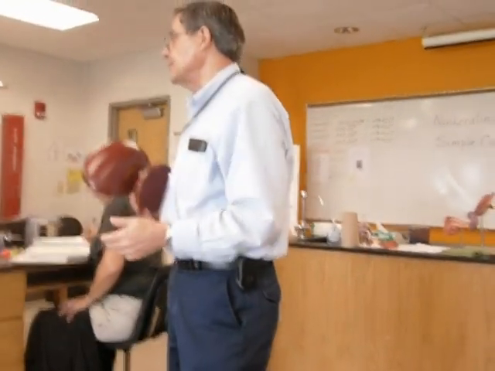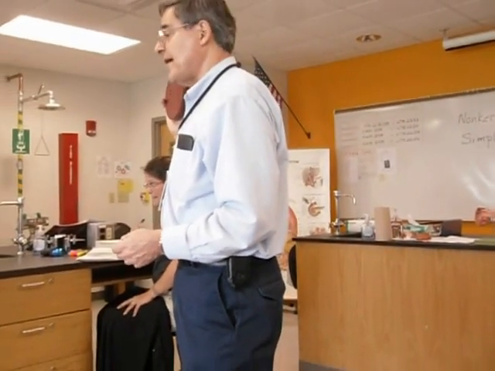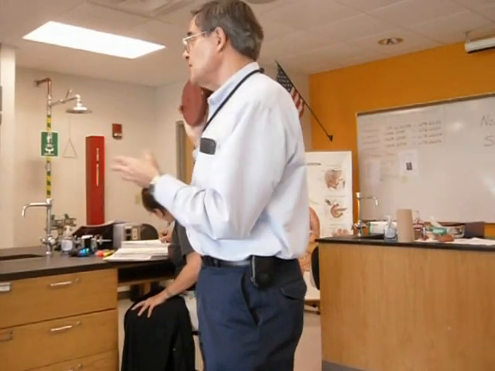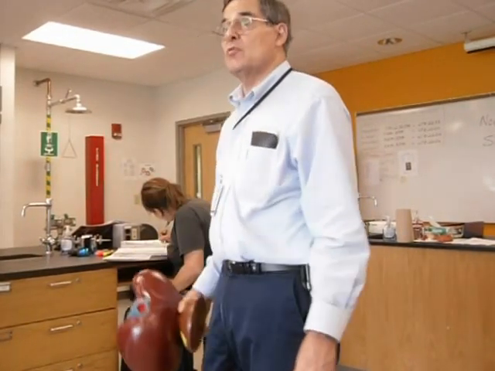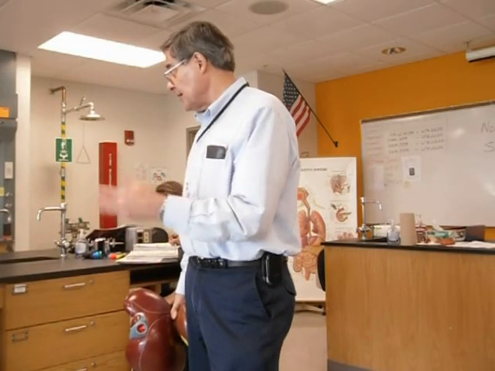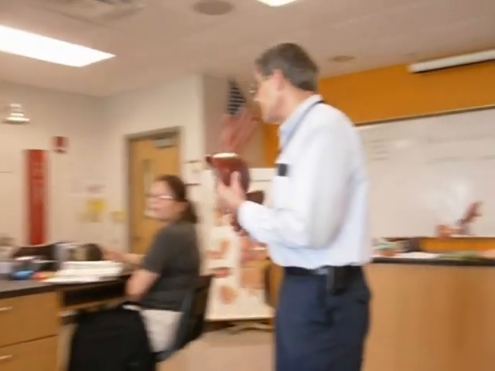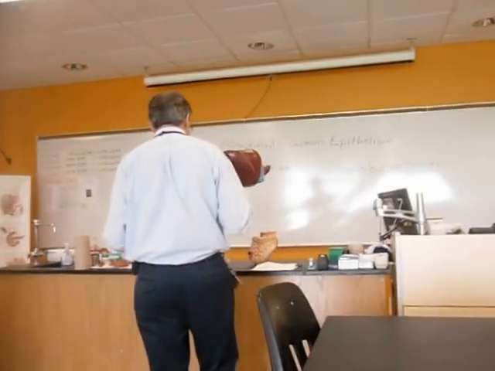And of course, what do they do? They phagocytize things in the blood passing through the liver. Remember, the liver also gets rid of worn-out red blood cells, just like the spleen, and a lot of debris in the blood by means of those phagocytes called Kupffer cells. Phagocytize debris in the blood.